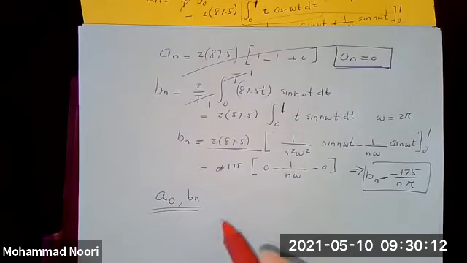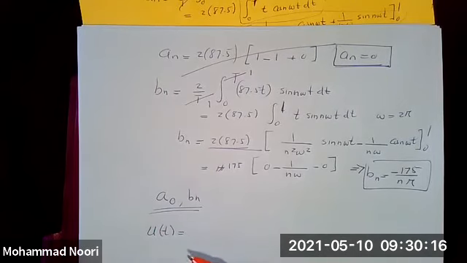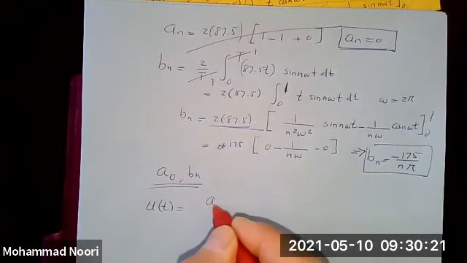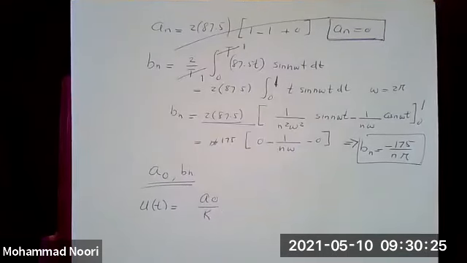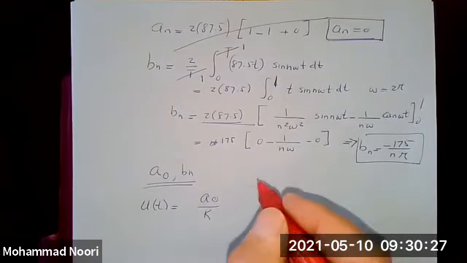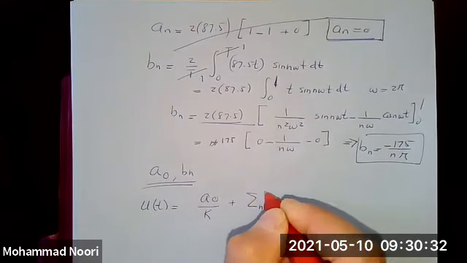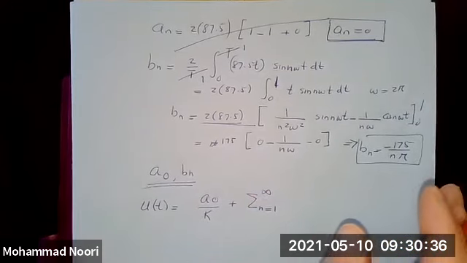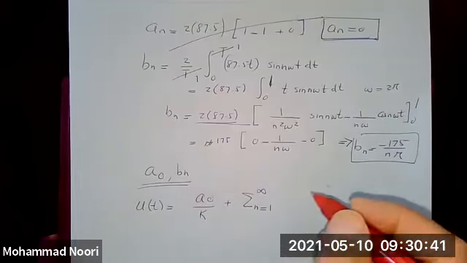Okay. So now, the general response under periodic excitation is a_0 over k, where k is the stiffness of the system, plus summation from n equals 1 to infinity, in other words, infinite terms of the series. a_n is 0, so I don't even write that down.